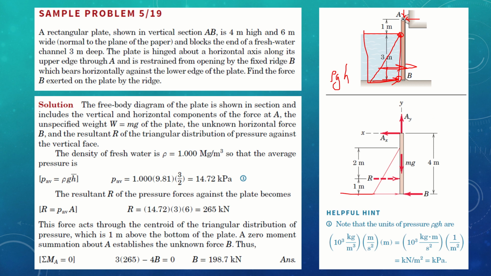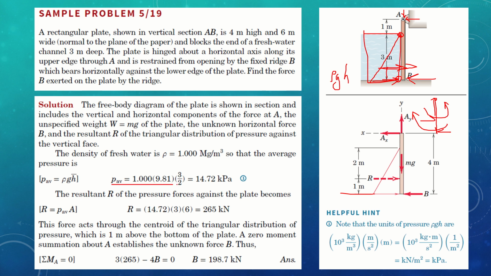Now, assuming the gate has negligible weight, you need to find the reaction B. If you say this is point A, this is R, this is B, you can talk about the moment of R that creates rotation about A, and the moment due to B. They should be equal and opposite, and there you can find the value of P right here.